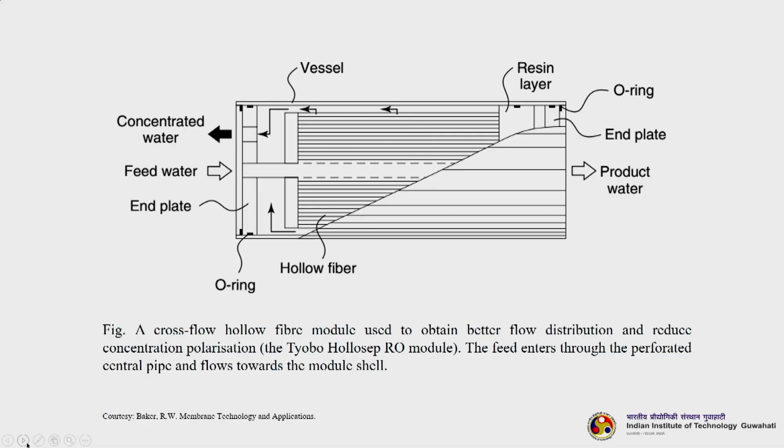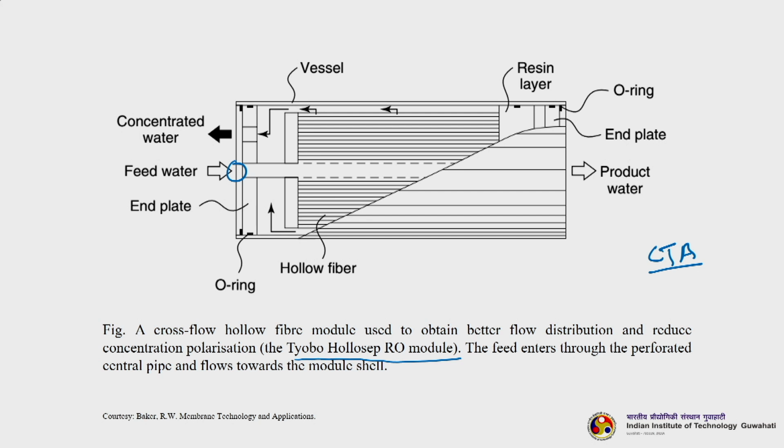So, this is a cross flow hollow fiber module. This is used to obtain better flow distribution and reduce concentration polarization. This is actually the Toyobo hollow fiber RO module. The membrane material here is cellulose triacetate, and you can see that the feed enters here through a perforated central pipe, and flows towards the module cell.